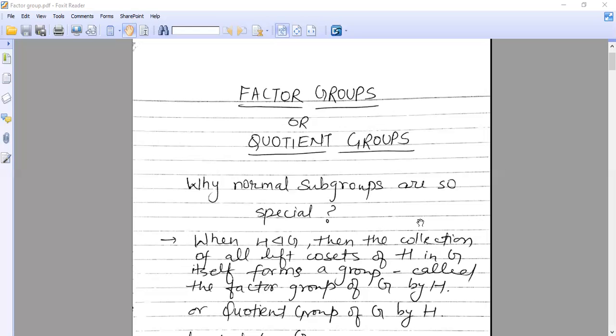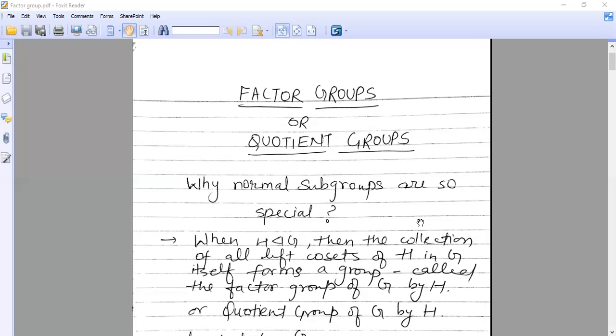Normal subgroups are very important in group theory because they are used to form the factor groups. So when you are talking about a factor group, you have a group G and a normal subgroup H of G, then the factor group is the collection of all the right cosets of H in G, or you can say the collection of all the left cosets of H in G.